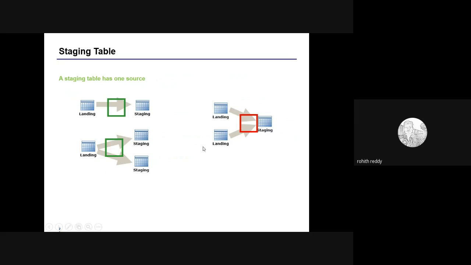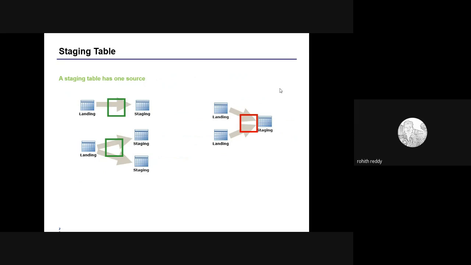So multiple landing tables cannot be loaded into a single stage table, whereas a single landing table can be loaded into multiple staging tables. So in interviews, people may ask, for a base object, how many landing tables can be present? It could be one or more than one, depending upon the business requirement.